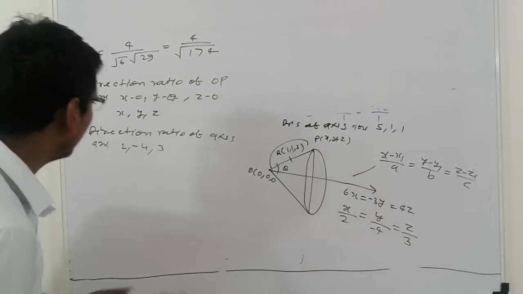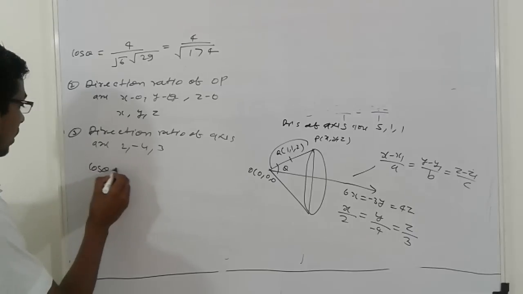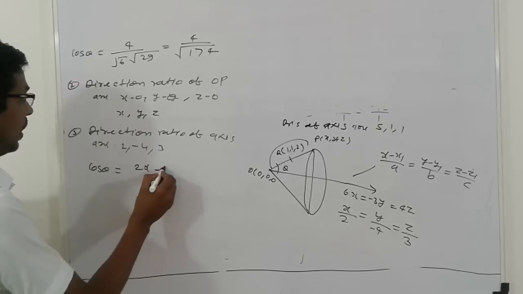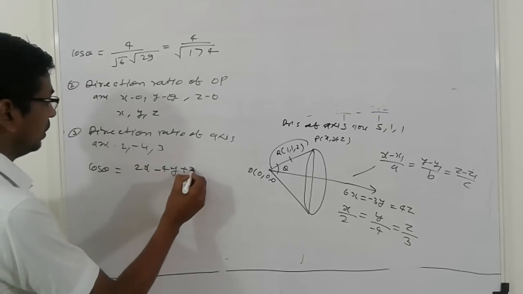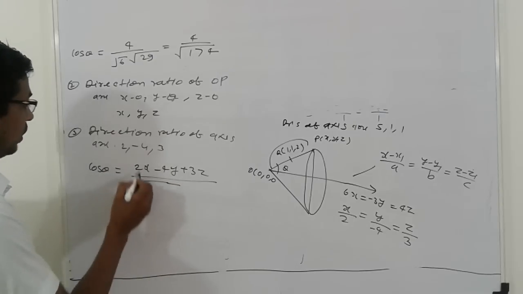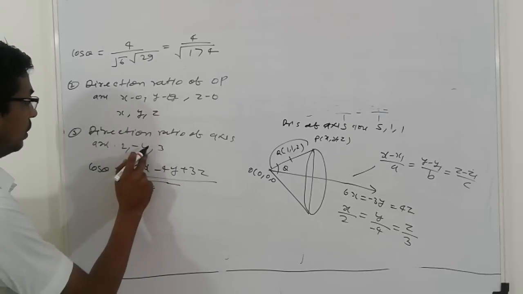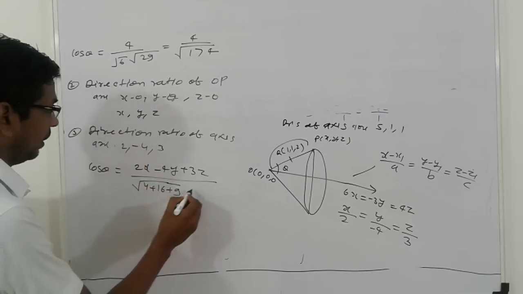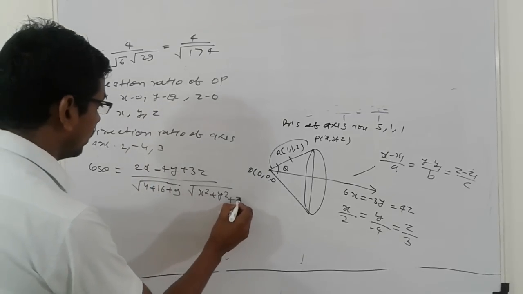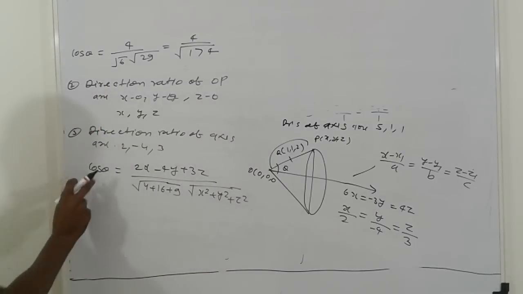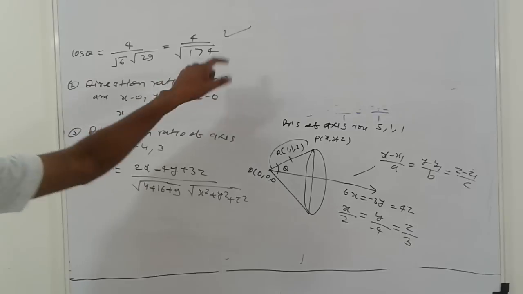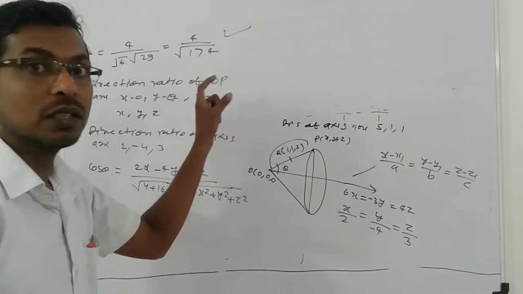So cos of theta is equal to, दोनों का प्रोडक्ट्स, 2x minus 4y plus 3z divided by square root of this, 4 plus 16 plus 9, and here x square y square z square. And cos of theta is already here, अपने find out किया है, it's the 4 upon root 174, so that is the cos of theta.